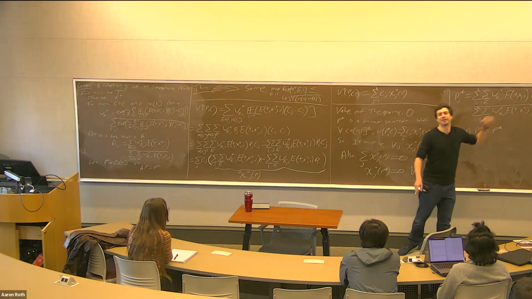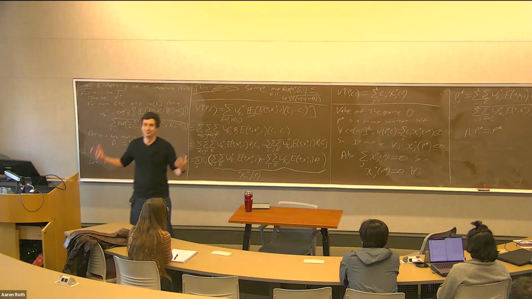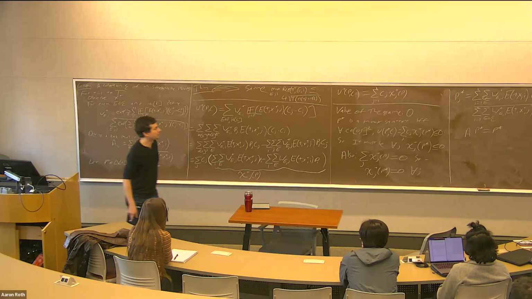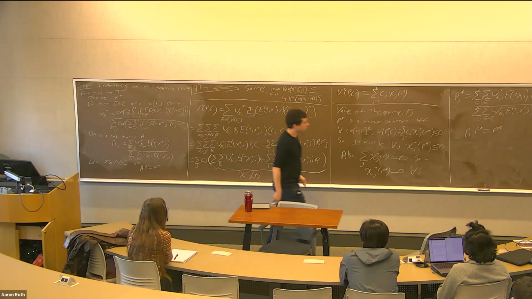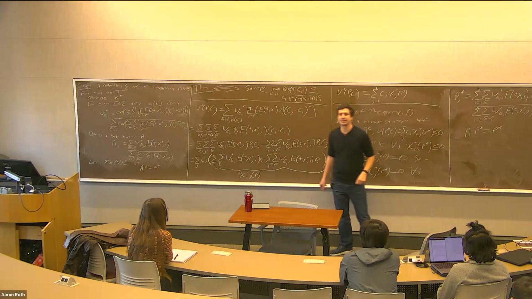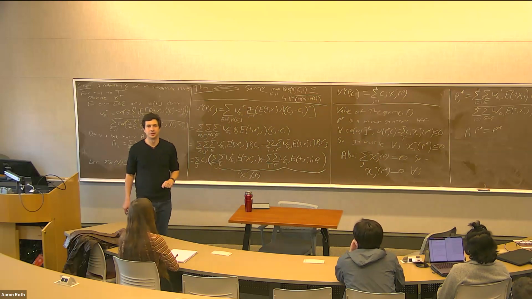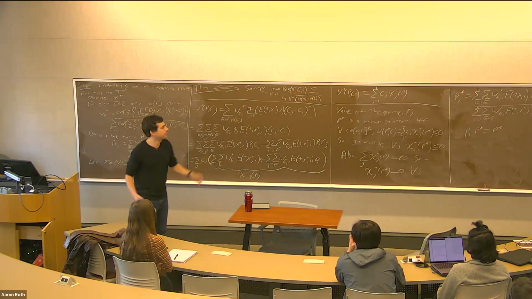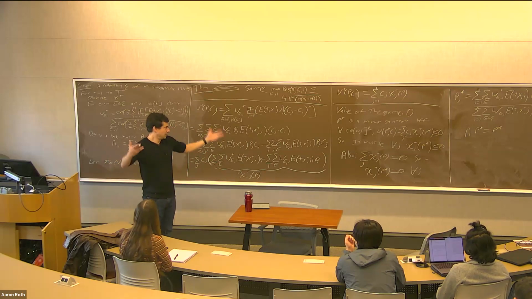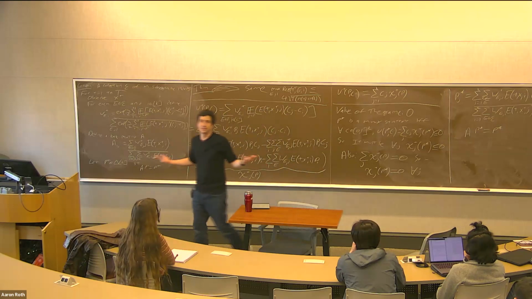If there wasn't a solution, that would mean that the min-max value of the game wasn't 0, but it is. So in some sense, we're proving that the matrix must have an eigenvector with eigenvalue 1 that happens to be a distribution, essentially by the min-max theorem and the fact that this particular game has value 0.